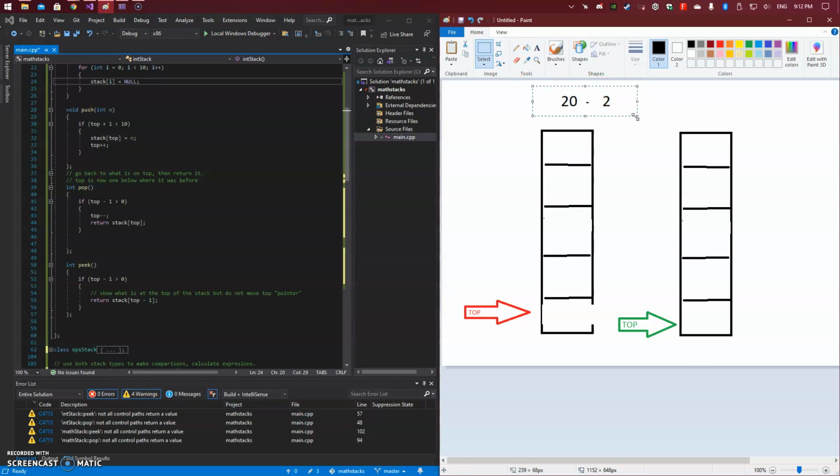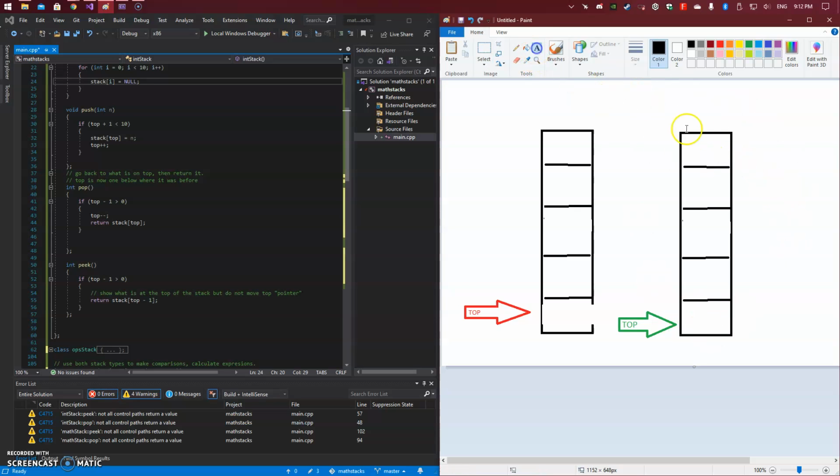It becomes more complicated as you start adding different parts of expressions. I don't think we're going to go as far as exponents, but exponents or parentheses have different priorities in this operator stack.